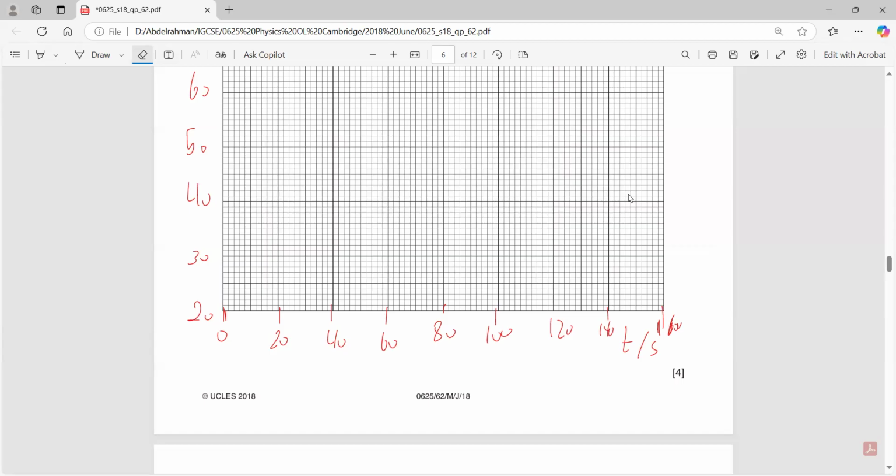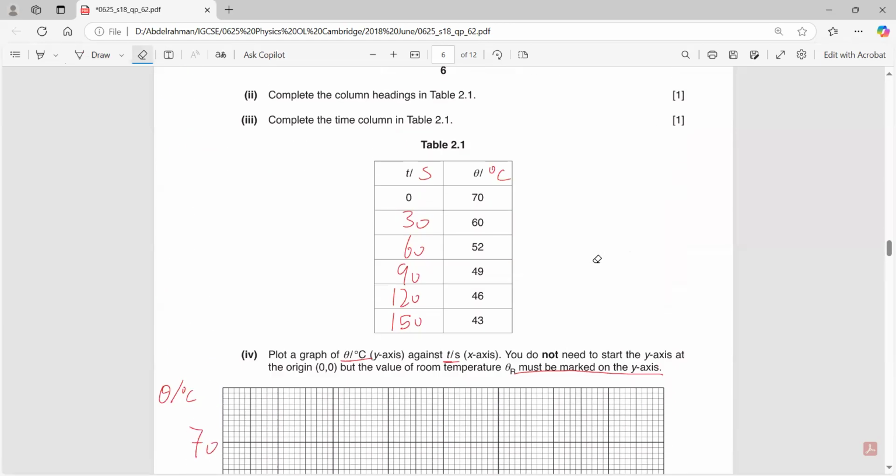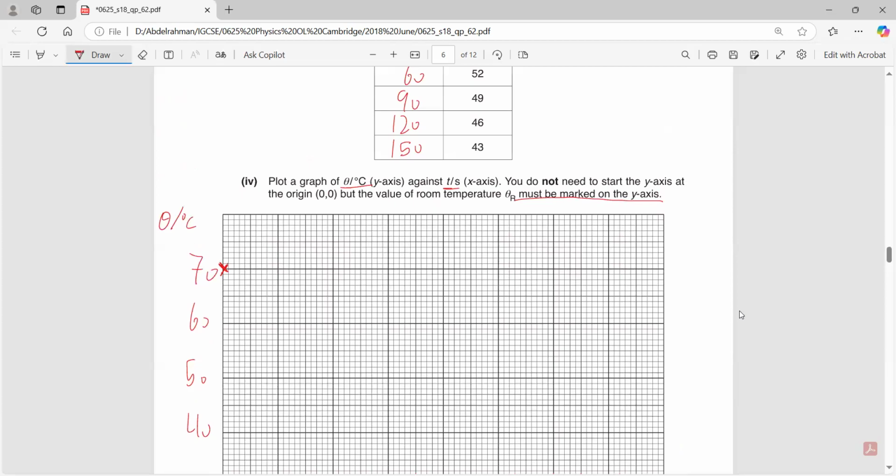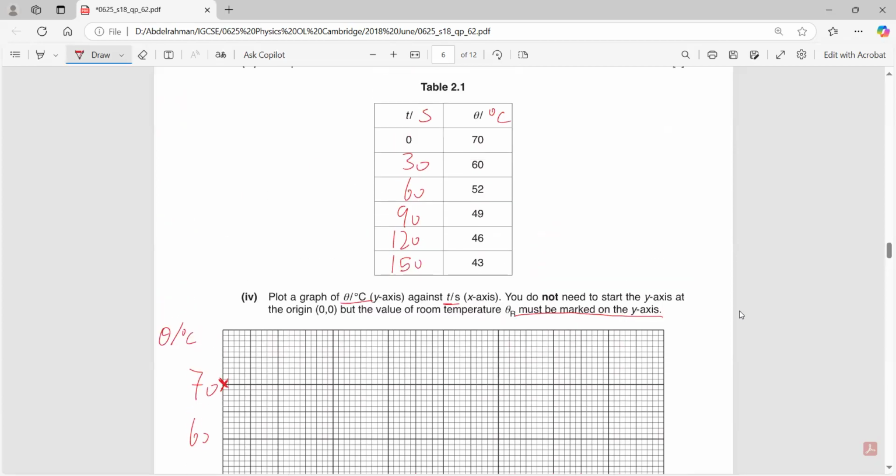Let's start plotting 0 and 70. We can plot a very small x. The second point was 30 and 60.